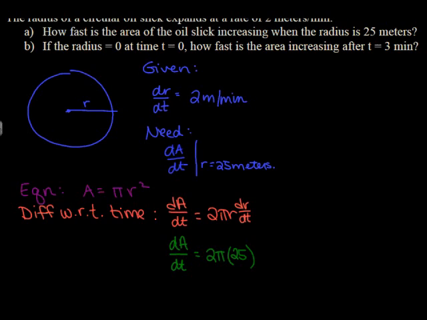And our rate of change of the radius is always 2 meters per minute. Okay, and once we solve that out, we get 100 pi. And our units, this is rate of change of area, and our units were meters, so area makes that meters squared. And then we're comparing that with change in time, which was in minutes.